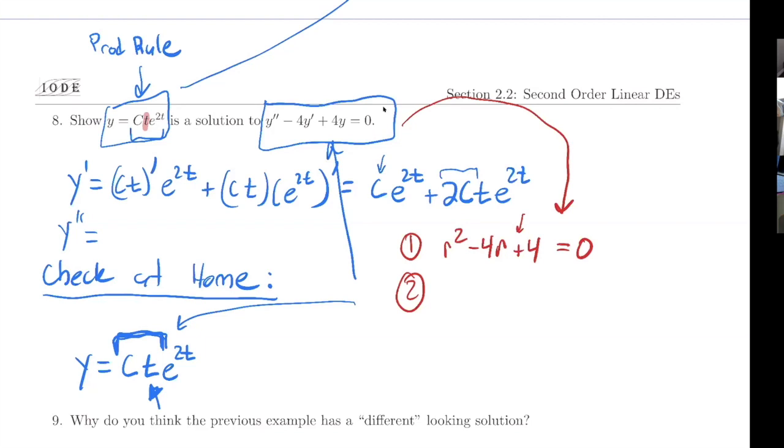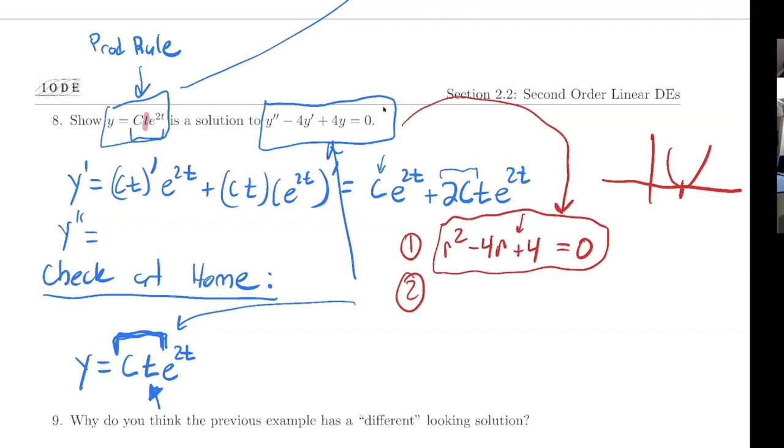So what does that tell us about the solutions to this quadratic equation? Okay, yes, thank you. Someone mentioned that we don't have two distinct roots here. We have one repeated real root. So this quadratic equation is doing something like this: the vertex is sitting right here, and we have a double root.